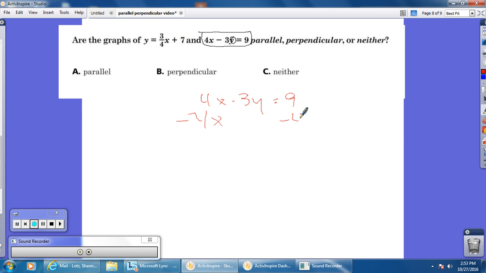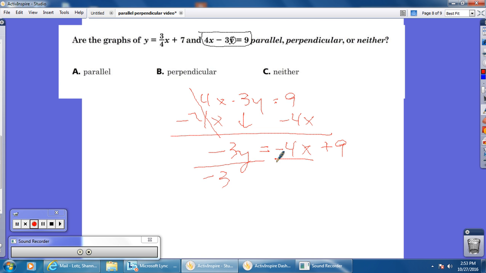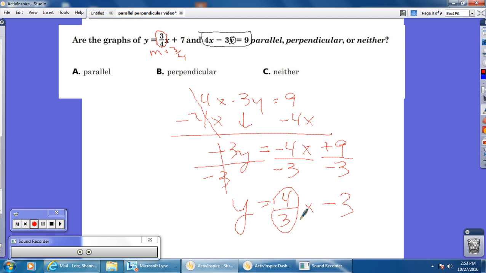Subtract the 4x, bring down the negative 3y, divide by negative 3, these cancel, we get y is equal to, a negative divided by negative is a positive 4 over 3x minus 3. So here, our slope, our m, is 3/4. Here, our m is 4/3.